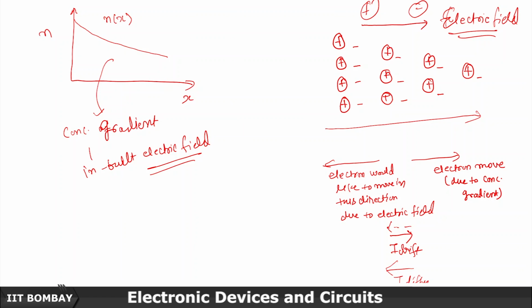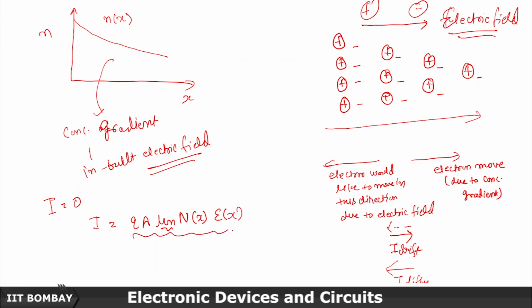Okay, so let's see how we can derive the expression for the electric field in this case. The expression for current would be a combination of drift and diffusion. We know how to write the drift current: QA, then mobility mu, then the concentration n and the electric field.